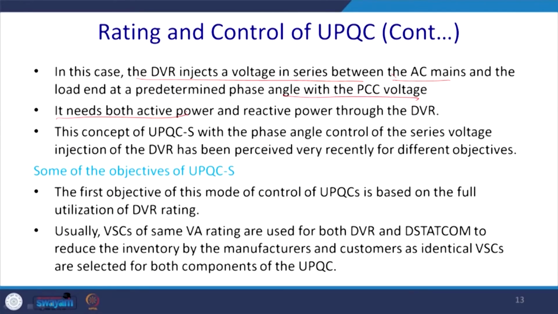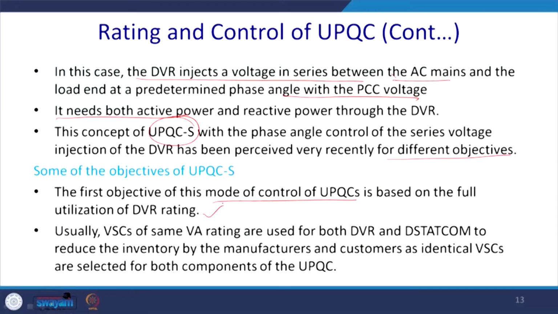It needs both active and reactive power through the DVR. The concept of UPQC S with a phase angle for the series voltage injection of the DVR has been perceived very recently for different objectives. So, let us see what the objective is.